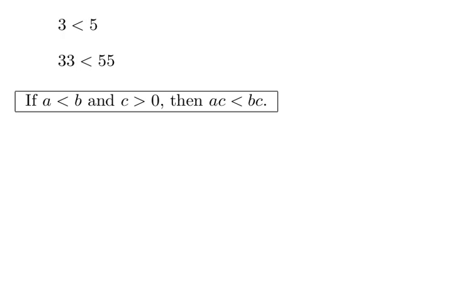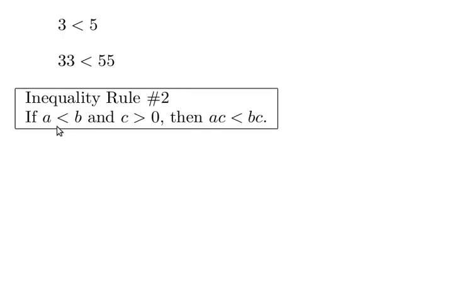So the first thing I want to say is that this is inequality rule number 2. If A is less than B and C is greater than 0, then A times C is less than B times C. So this is just an abstract way of saying you can multiply both sides of an inequality by a positive number.